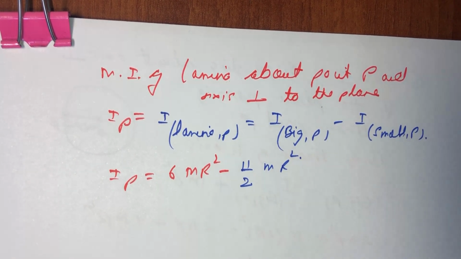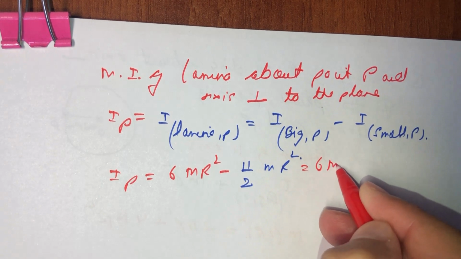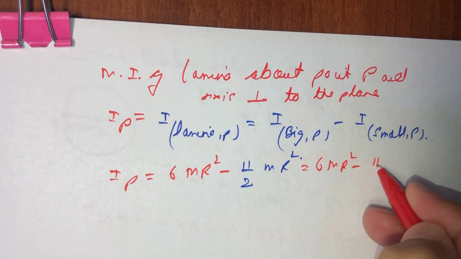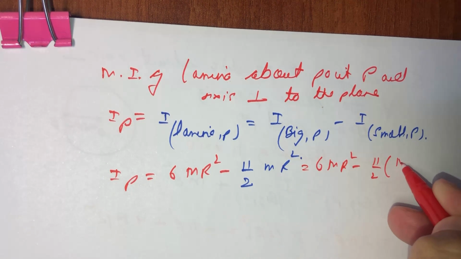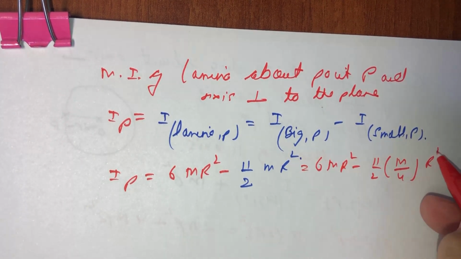Now substituting the relation between small m and capital M, so this will be 6 mR square minus 11 by 2, and we get capital M divided by 4, and we have R square.